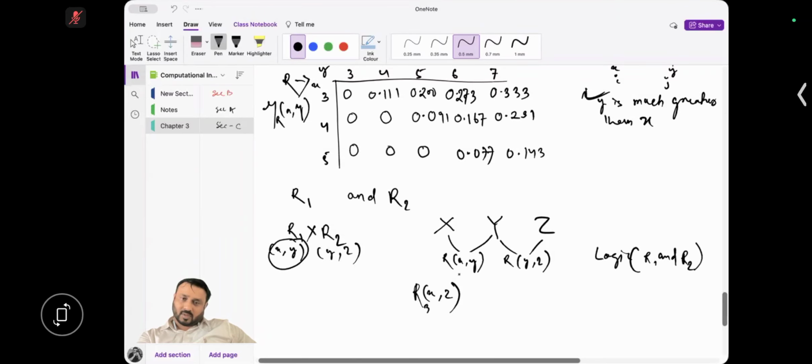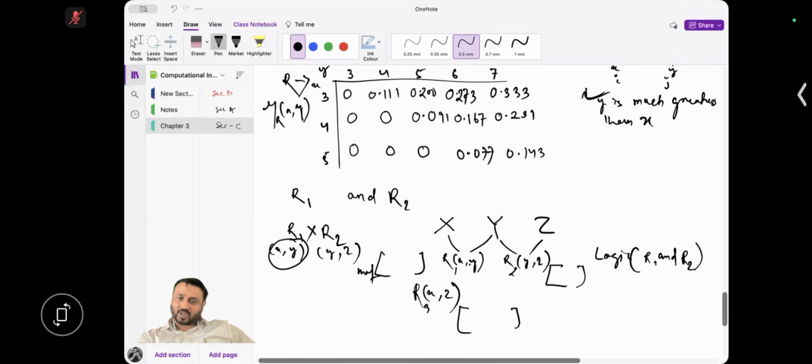Yes, sir. Then this will be a matrix, this will be another matrix, so the result will be another matrix. Why is this a matrix? Because R1 and R2 are both relations between two different fuzzy sets.